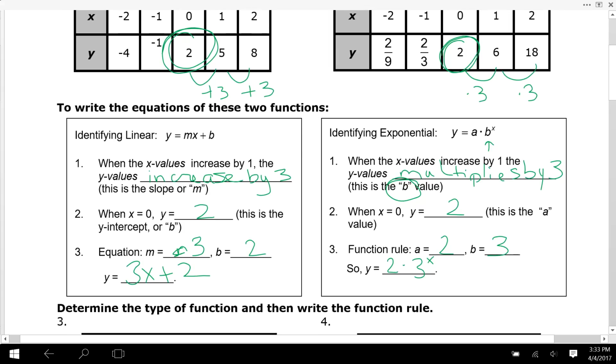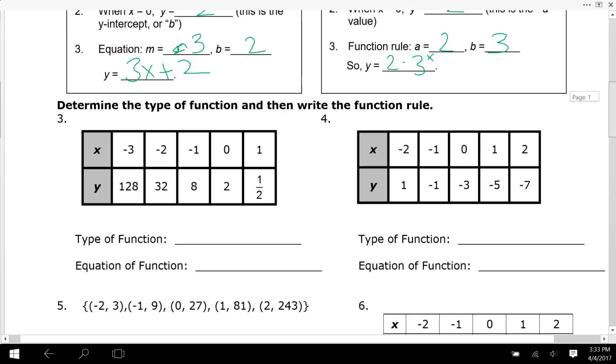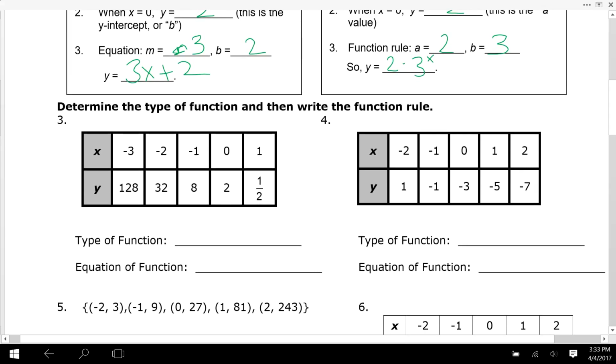It's that easy to find the a and b values to put them into your function so that you can do an exponential. So let's go to number 3. My x values are increasing by 1, and my y values are decreasing by how much? 4? Okay, so it's like dividing by 4, or you could say times 1/4.